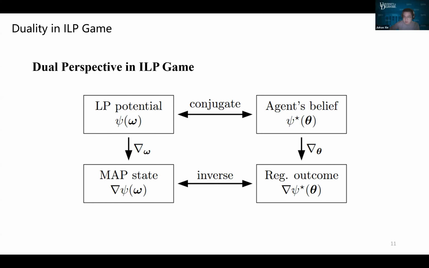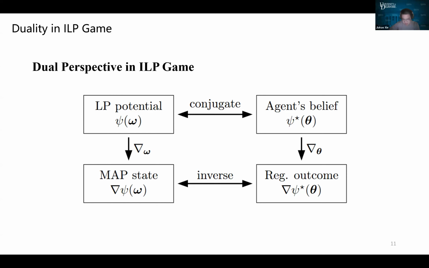We can say these two parts are inverse. The figure shows us a commutative diagram where agents' beliefs map to these optimization assumptions, helping us understand how beliefs and outcomes are interconnected.